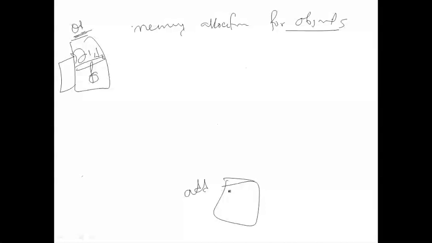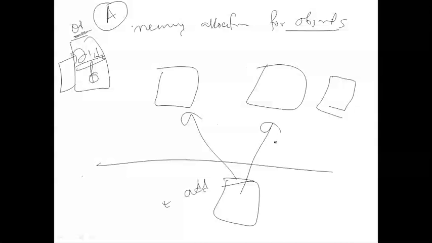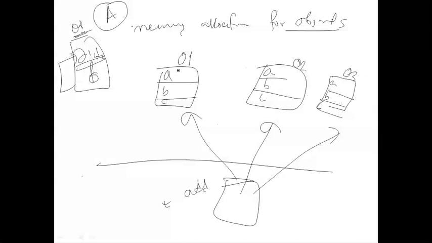Suppose add is the function of class A. If we have multiple objects, the function will be common for all the objects, and it will be stored separately. The data members A, B, C are separately created for each object, O1, O2 and O3, from the class A. So this is the total size of object O1, object O2 and object O3.